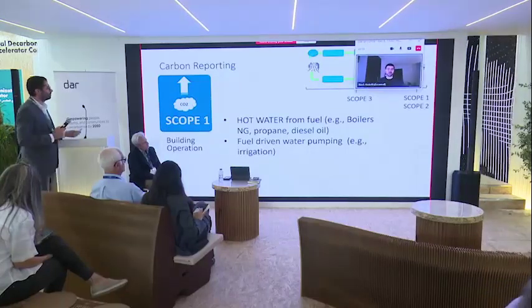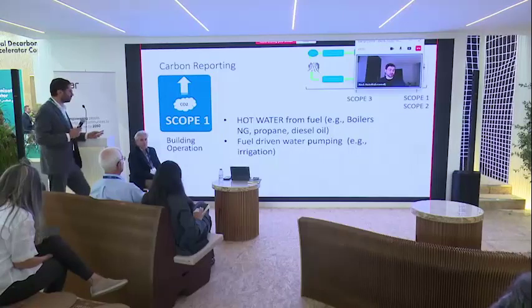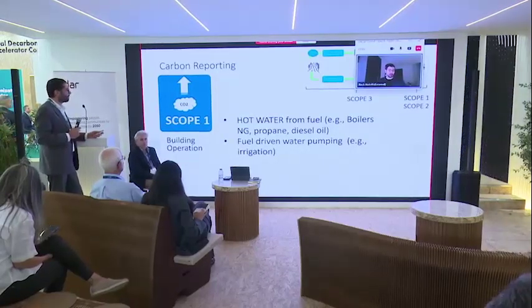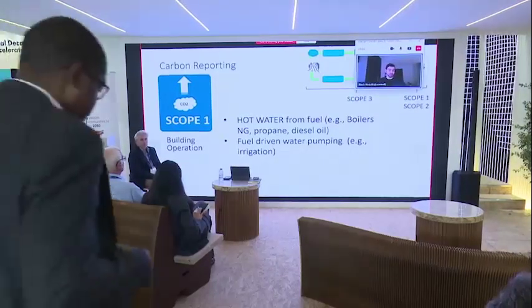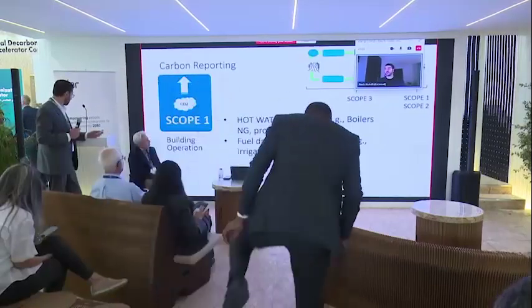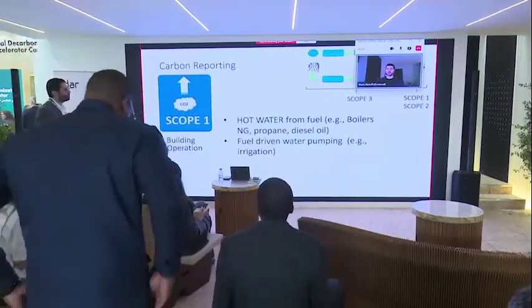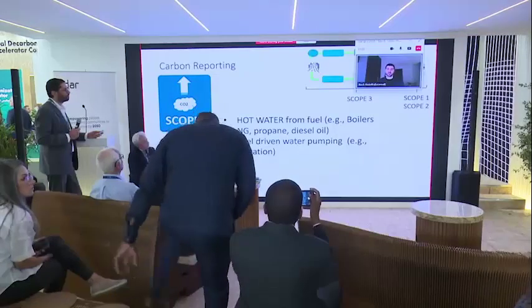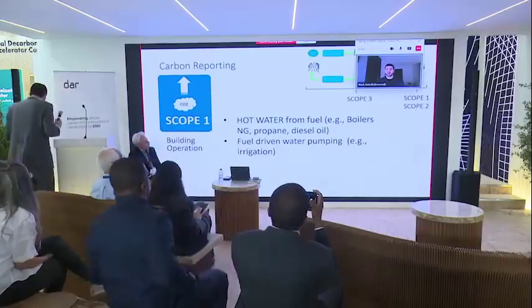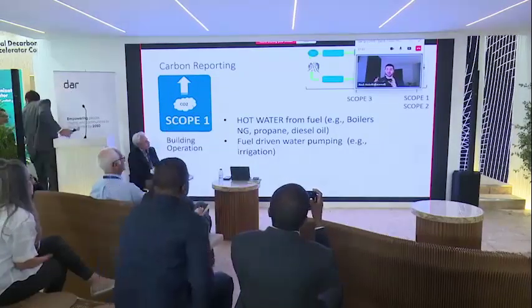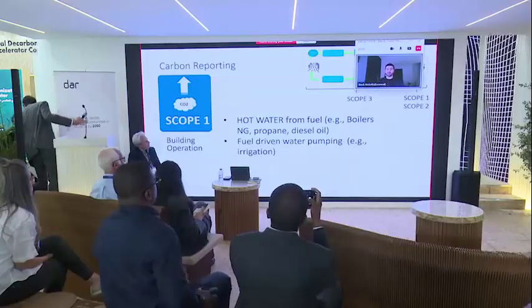So first starting out, what we're going to look at is scope 1. And again, from a building operational perspective, we're evaluating the different types of systems that we're designing on that right-hand side of that water diagram, as broken out here. You have scope 1 and 2. That's that little box, so that's your little building.